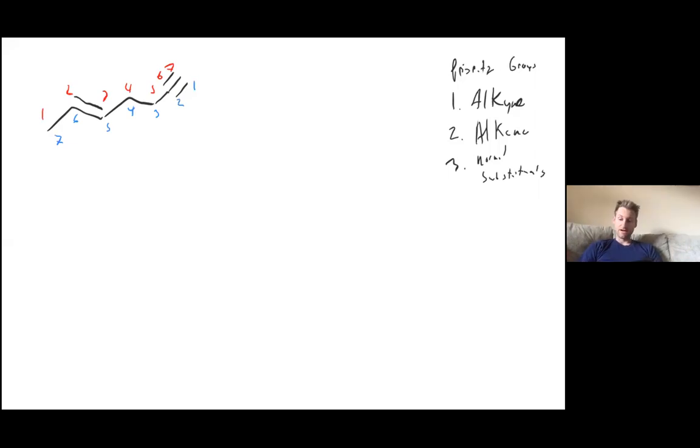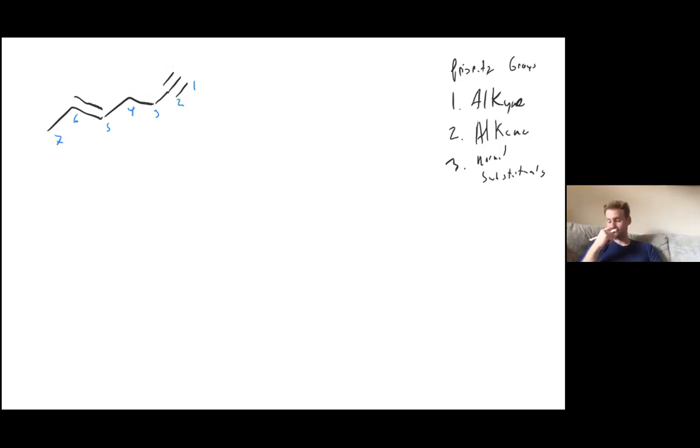Our alkyne is going to be our highest priority group, which means that we're going to go through the alkyne before we go through the alkene. That will trump it. So for this here, we are going to be using the blue pathway. So basically at this point, alkyne is at the top of the pyramid.